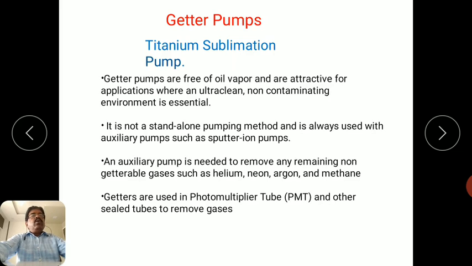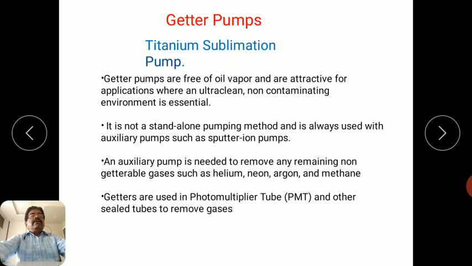In such applications where we need a very ultra clean environment, you can use this titanium sublimation pump. Earlier we discussed one limitation, that they cannot pump chemically inactive gases.